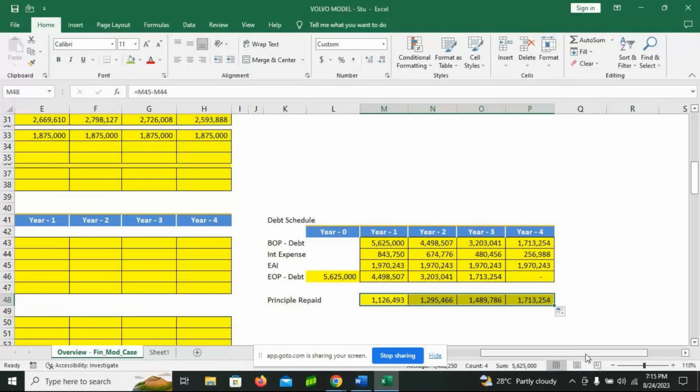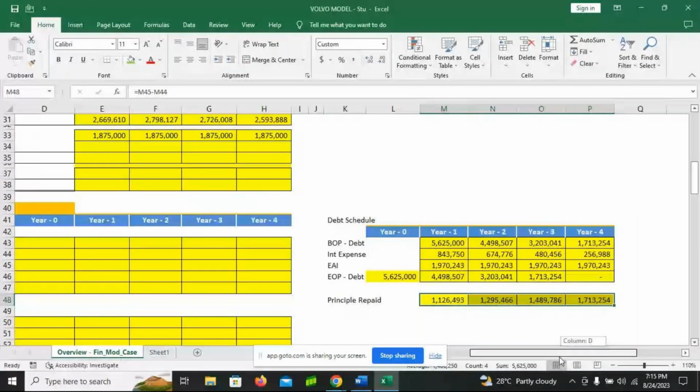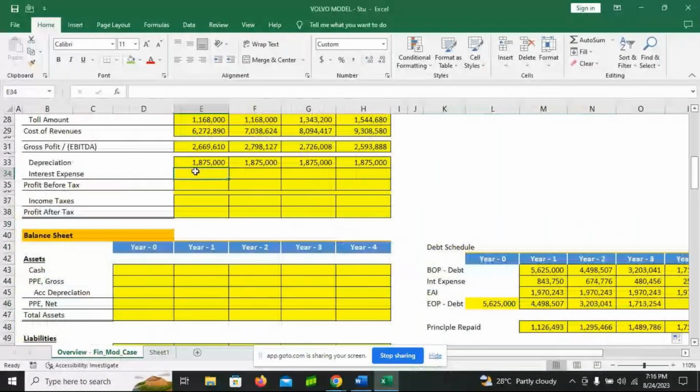So now interest expenses. Interest expenses equals EMI, that is, sorry, interest expenses. Enter. I'll take these values over here.